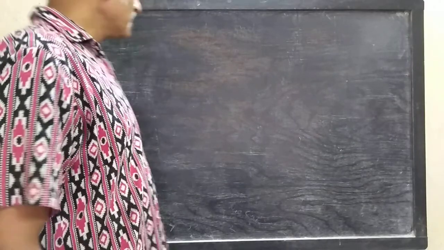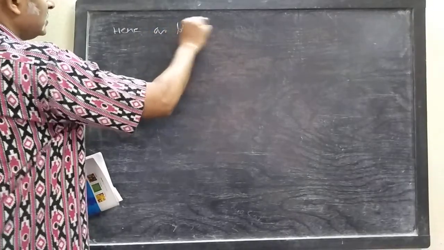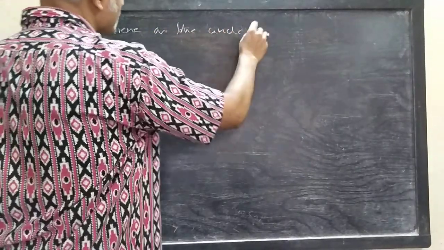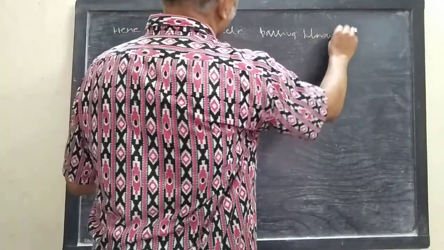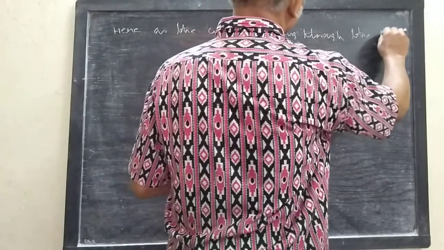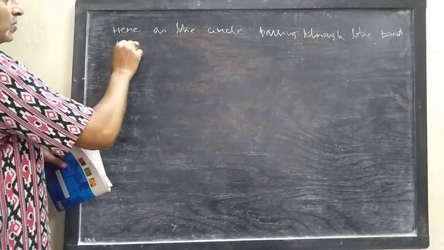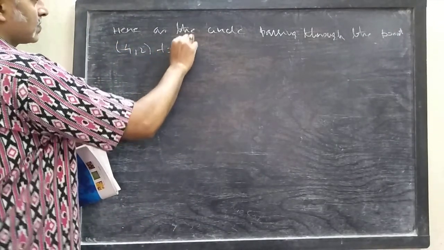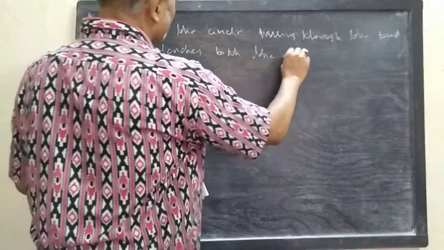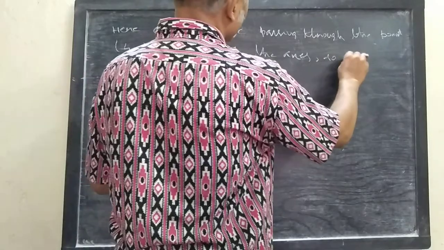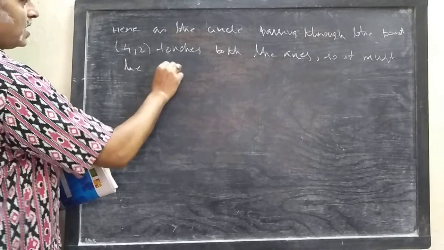Okay, so write in this way. Here, as the circle passing through the point (4, 2) touches both the axes, it must lie in Q1.